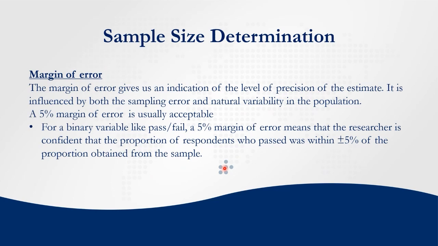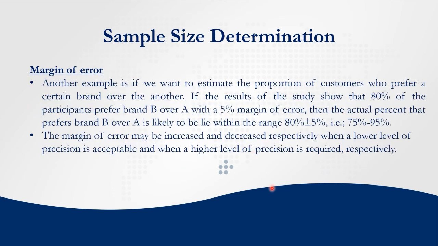So if we use this example here, if we wanted to look at customers who prefer a certain brand over another, suppose the results say 80% of the participants prefer brand B. So we do a study, we select a sample, and the results say that 80% prefer brand B over A. If the margin of error was 5%, then we are actually saying that the true value is between 75 and 85%.